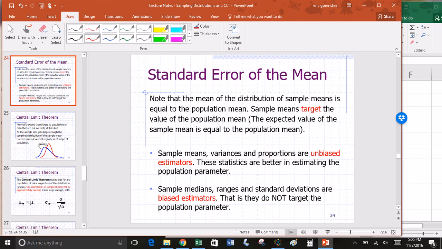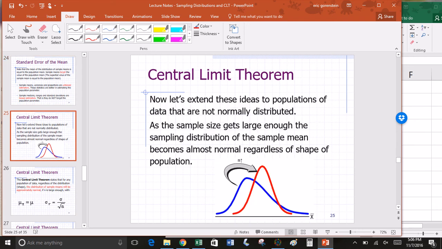So now, to get to the central limit theorem, because this is really a central and fundamental theorem in inferential statistics. The larger the sample size, the less variation in the system, and the more closely your sample statistics will act like a normal distribution, regardless of how the original population is distributed.